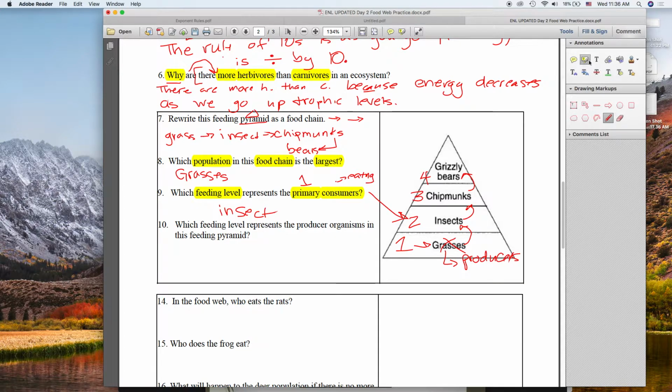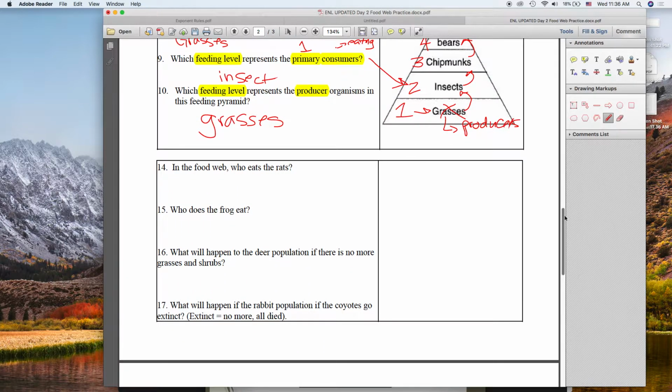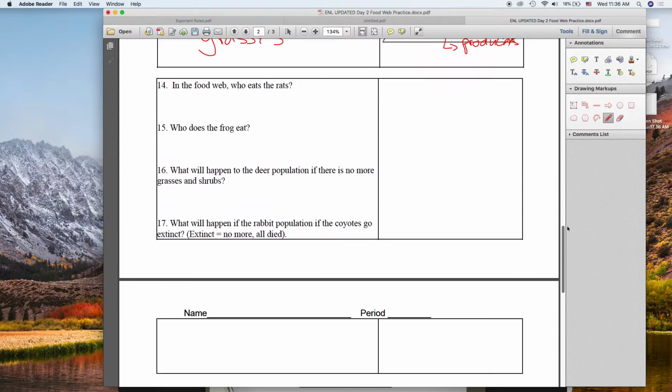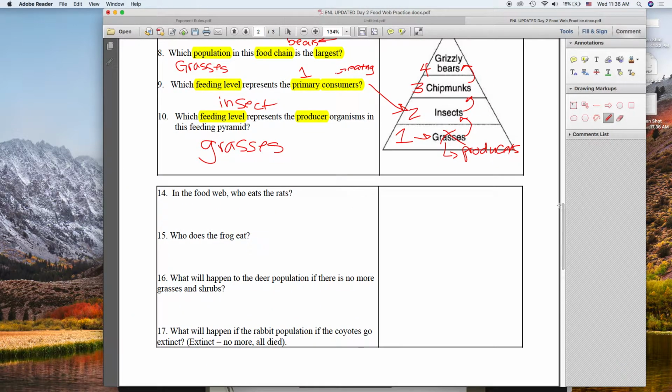And then we already have the answer for number 10. Which feeding level or trophic level represents the producer organisms? Remember, producers are plants. Oh my goodness! So our grasses are our plants, our producers. What food web? Did I mess this up?